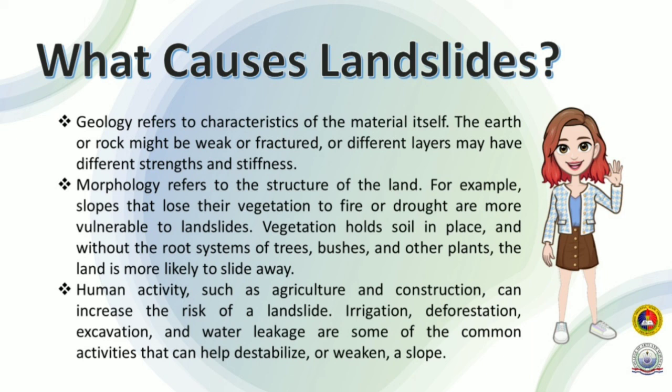Vegetation holds soil in place, and without the root system of trees, bushes, and other plants, the land is more likely to slide away. Third is human activity, such as agriculture and construction, which can increase the risk of a landslide. Irrigation, deforestation, excavation, and water leakage are some of the common activities that can help destabilize or weaken a slope.